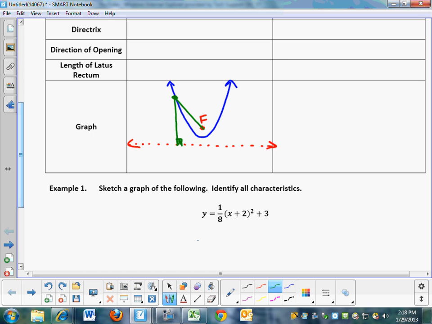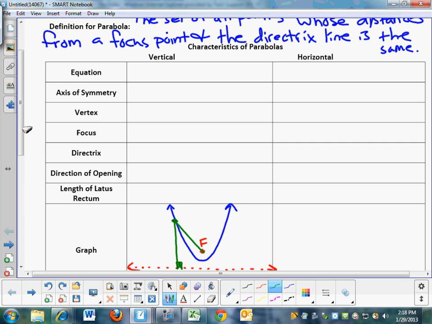That's that. Okay, let's talk about the equation. I'm going to write two of them. You could either have y equals ax squared, or if you transform it horizontally and vertically, y equals a times the quantity x minus h, quantity squared, plus k.